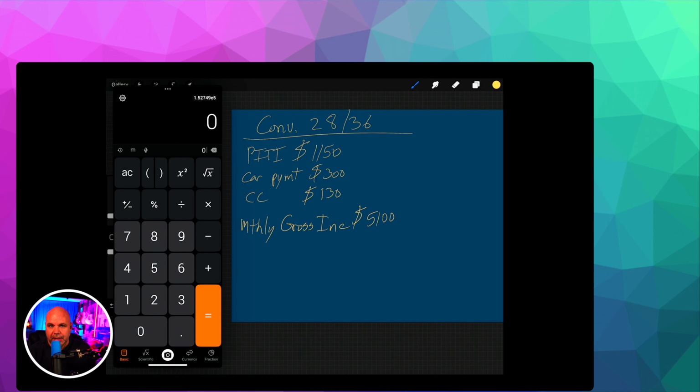And so you're going to need to calculate it for the front end and the back end ratio. Let's go that far and then see what we get.